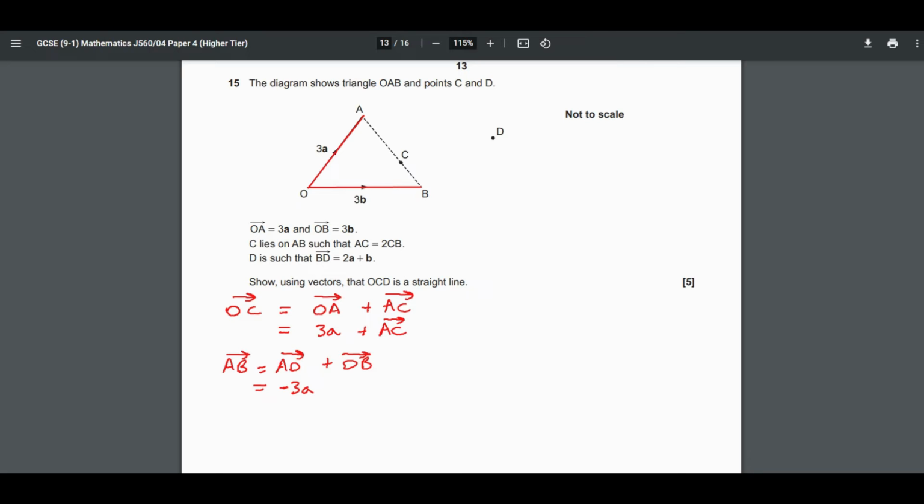And then we're going forward on O to B, plus 3b. So that's how you get from A to B in vectors.